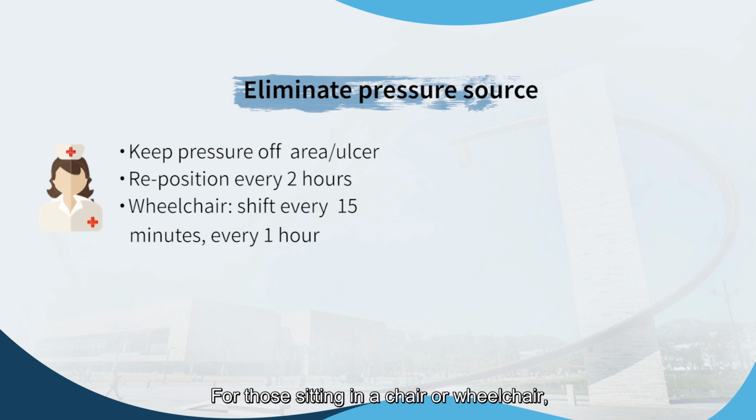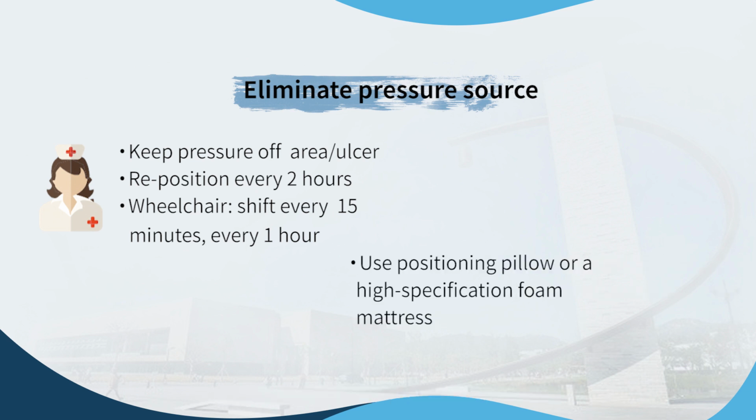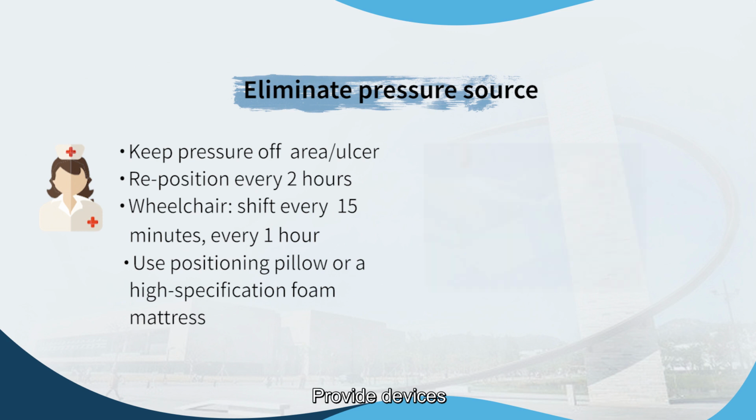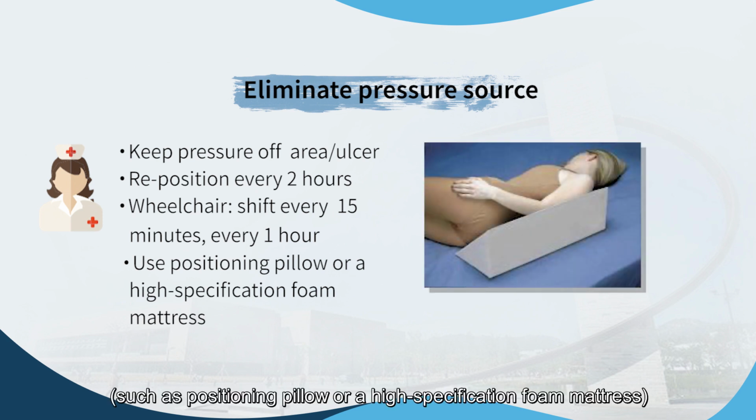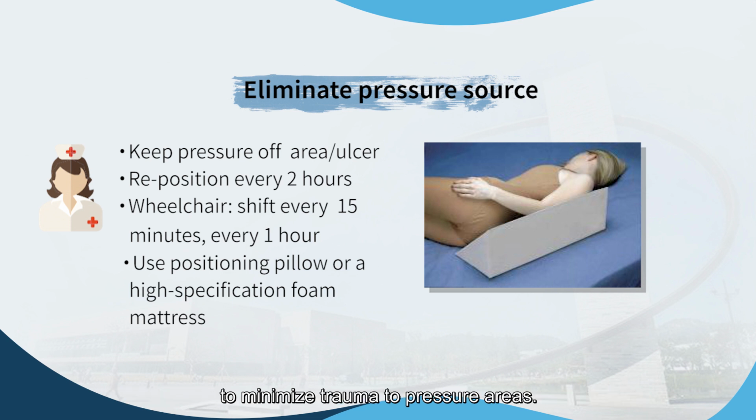For those sitting in a chair or wheelchair, teach them to shift every 15 minutes or help to change their positions every hour. Provide devices such as positioning pillows or a high specification foam mattress to minimize trauma to pressure areas.